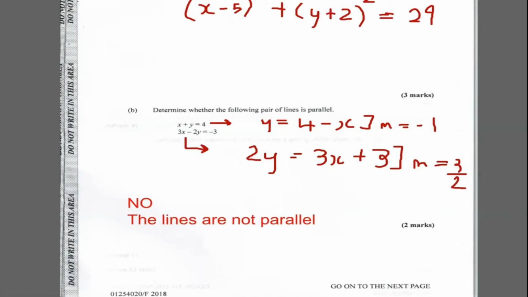Nice and easy. Part C now, which is vectors. It says the position vectors of two points A and B relative to the fixed origin O are given by OA is 2i plus j and OB is 3i minus 5j, where i and j represent the unit vectors in the x and y directions, respectively.